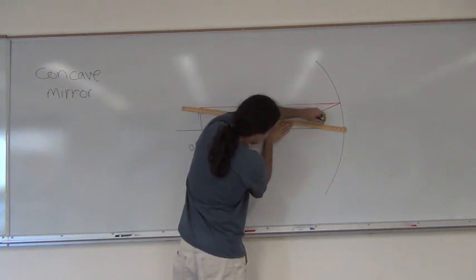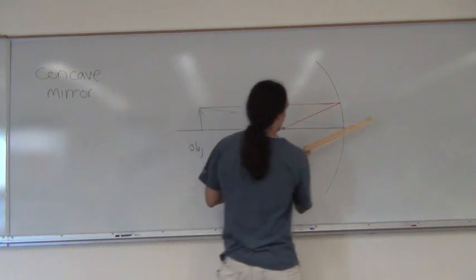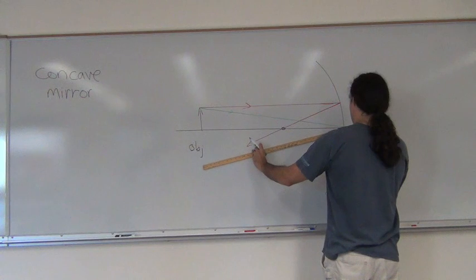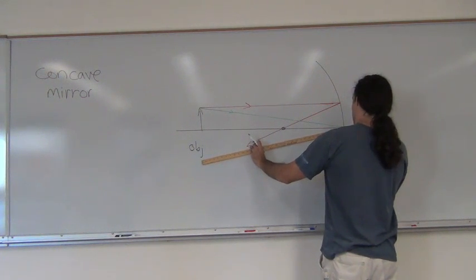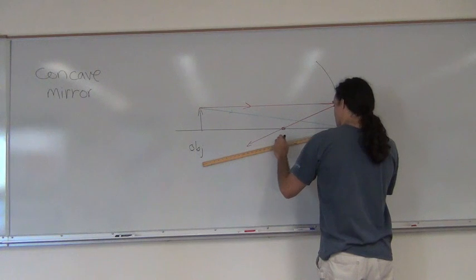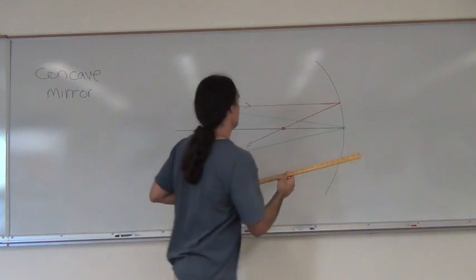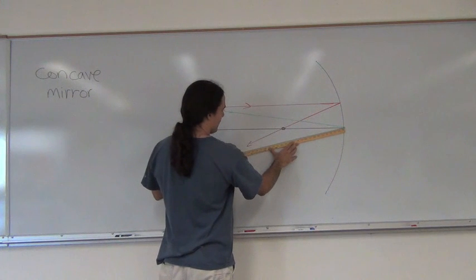And this light ray comes in, hits the center of the mirror, and it will bounce back at a certain angle. Again, the angle of incidence should equal the angle of reflection.